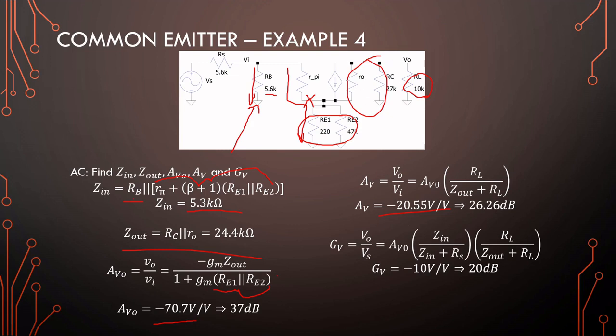So this is about 24, this is 10. There should be a third decrease roughly. And then on the input side, our RS is approximately the same as the input that we see, so our gain should halve from this point on. And there we have it. Our GV is minus 10 volts per volt.